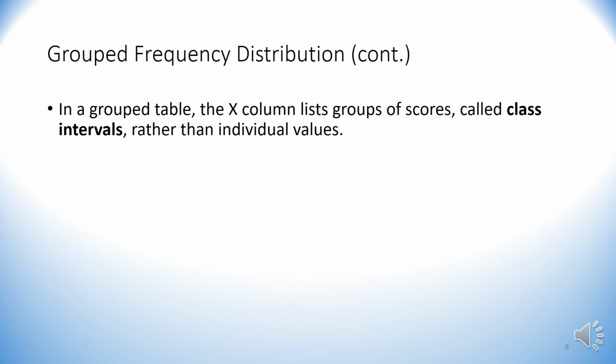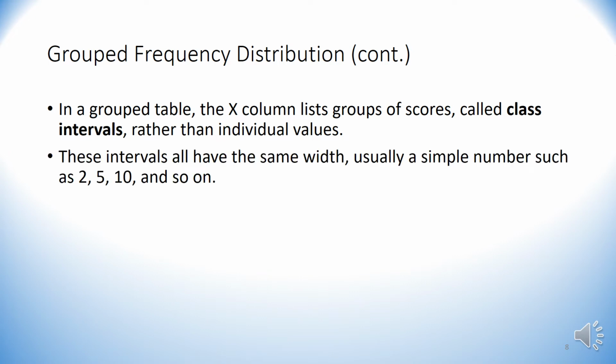In a grouped frequency distribution table, instead of individual x elements, we use class intervals. Class intervals are nothing but two boundaries, two limits, within which our observations lie. One is called the upper limit and the other the lower limit, and the range between the lower limit and upper limit is called the class interval.